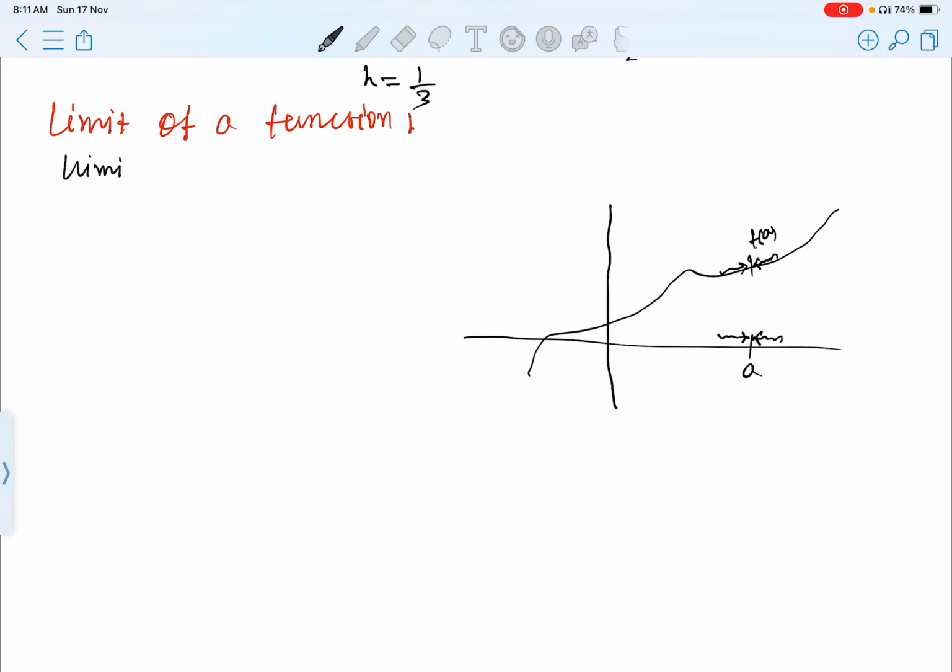Limit of a function at a point x equal to a. How to define it?